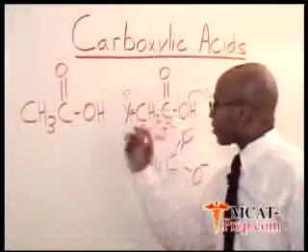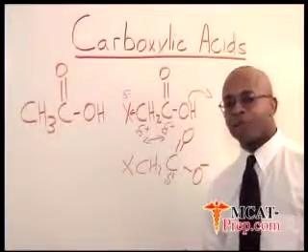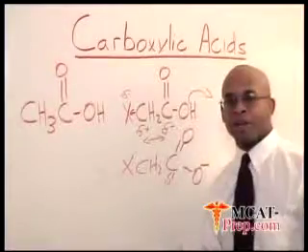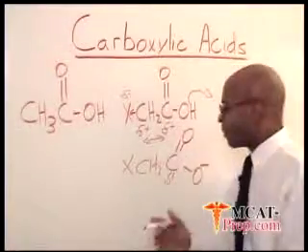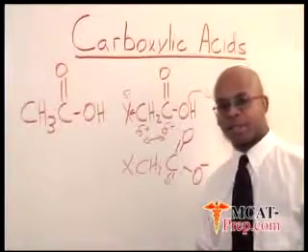Therefore, this compound is more acidic, definitely, than acetic acid for two reasons. One is that the neutral form of the compound is unstable, and the other is that the anion has increased stability.